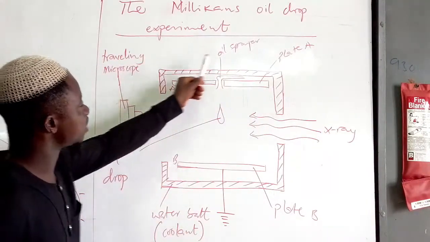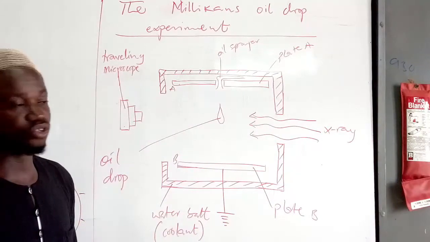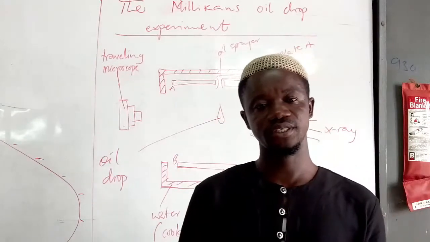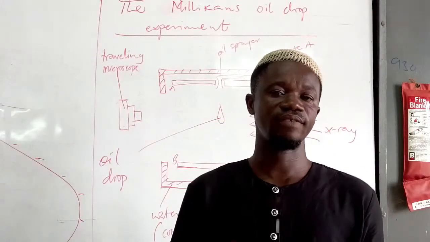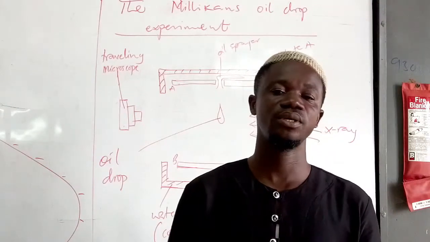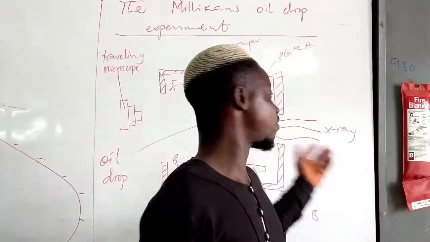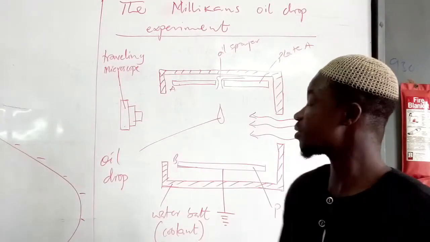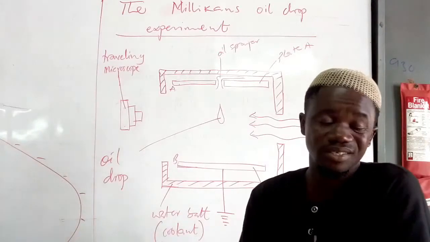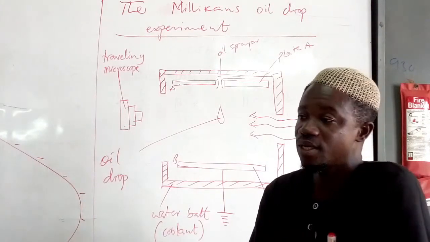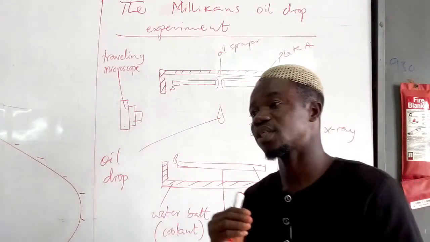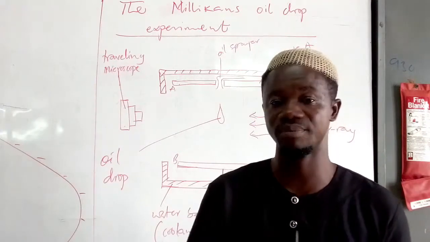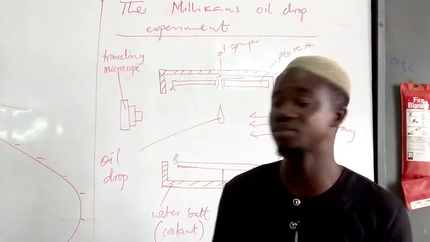This is the experimental setup for the Millikan's oil drop experiment. Why the Millikan's oil drop experiment? Now, this experiment seeks to investigate the charge quantization principle, which I will take you through later after I have explained what the experimental setup is. The charge quantization principle is basically the principle behind determining the quantity of charge on the body.